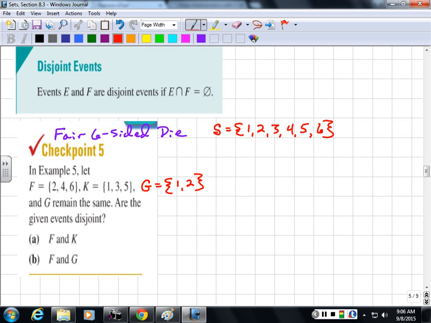In other words, is there any overlap between F and K? No. So yes, they are disjoint. And the reason for that is because F intersect K is equal to the empty set. Therefore, F and K are disjoint events.